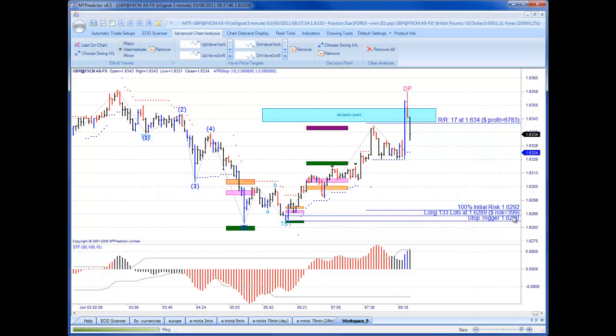Yes, 17 times the initial risk. You'll notice that our position sizing, this is on Forex, I'm using a $1 a pip size here for the Forex account. So $20,000 risking 2% per trade means I'll be able to buy 133 lots. This keeps the initial risk nice and small at just under $400. In other words, 2% of a $20,000 account.